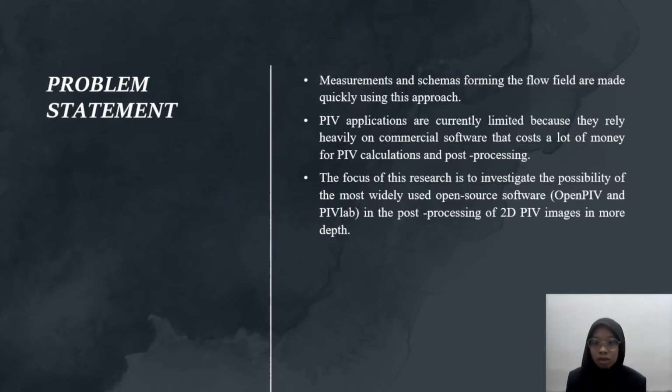It makes most researchers and students unable to access it because of this concern. So the focus of this research is to investigate the possibility of the most widely used open source software, OpenPIV and PIVlab, in the post-processing of two-dimensional PIV images in more depth.